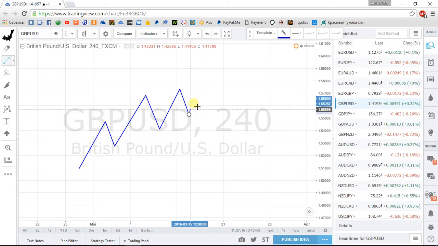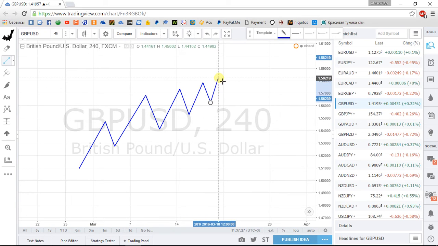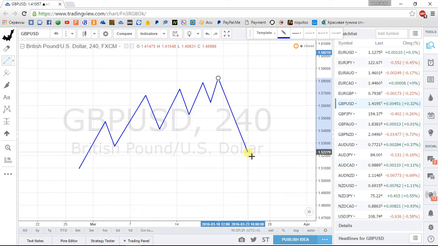Then we have a retest that is relatively smaller than the previous retest, and then a correction that is relatively smaller than the previous correction, and so on and so forth. In this case, we usually tend to move to the downside.